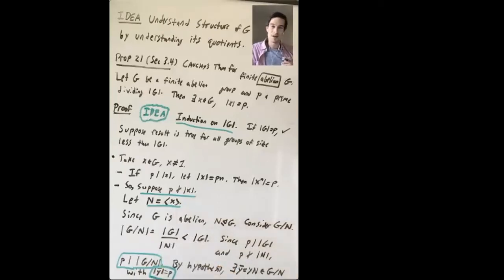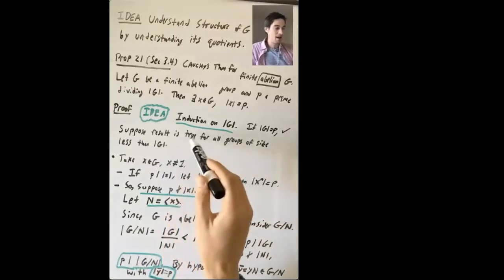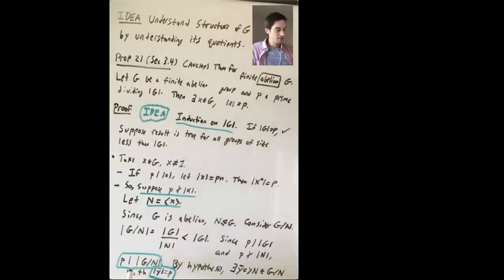What else is true about this order? Well, p is a prime that divides the order of G, and p does not divide the order of x, so p does not divide the order of N. That means that this same prime p that we started with divides the order of this quotient.